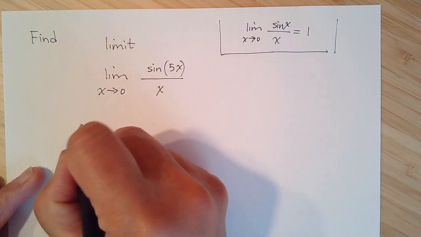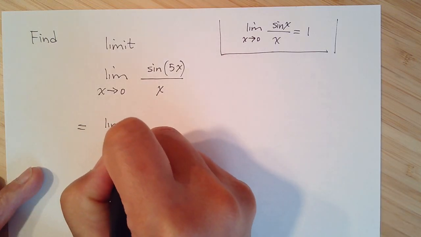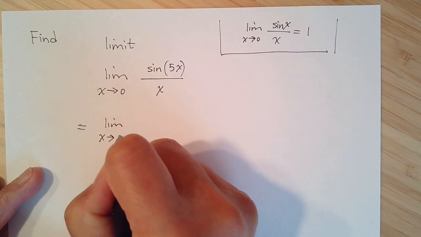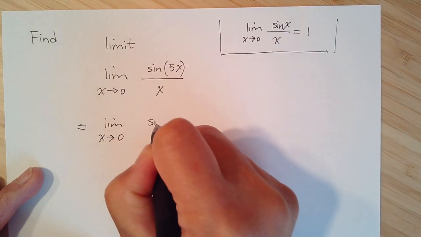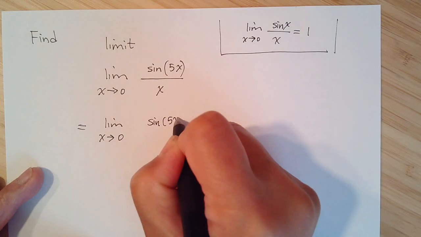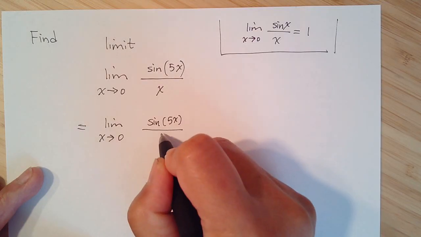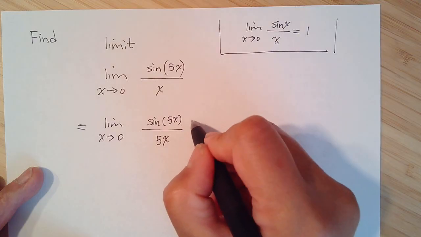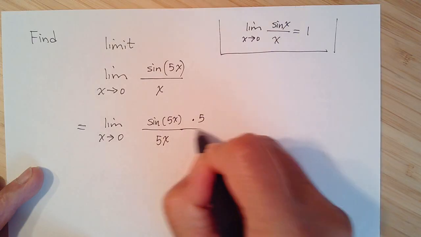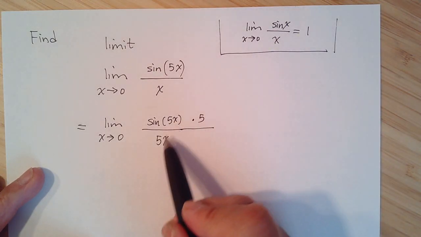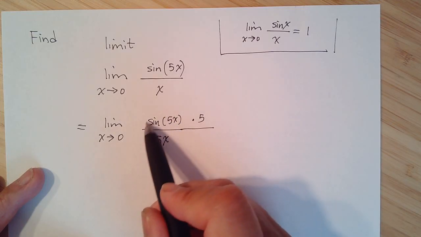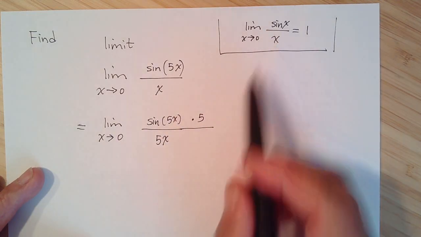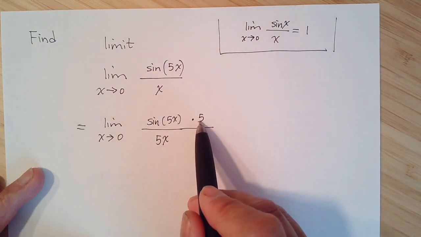So the limit as x approaches 0 of sine 5x over x: the bottom, I made a 5x by multiplying by 5, but if you do that, you have to multiply by 5 on top too. Did you see the reason I put 5x here? Because later I want to use that property.